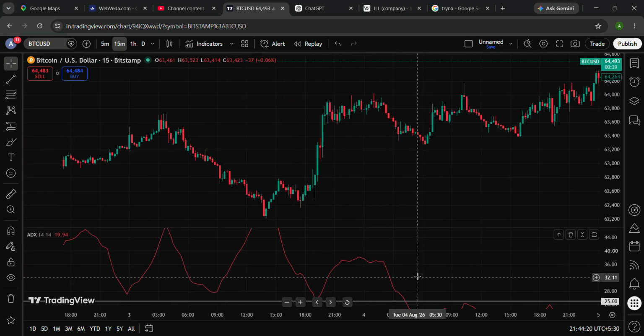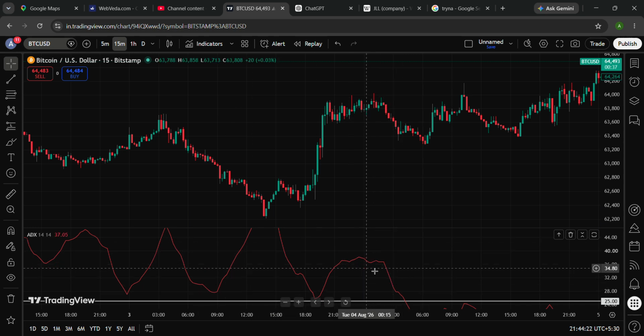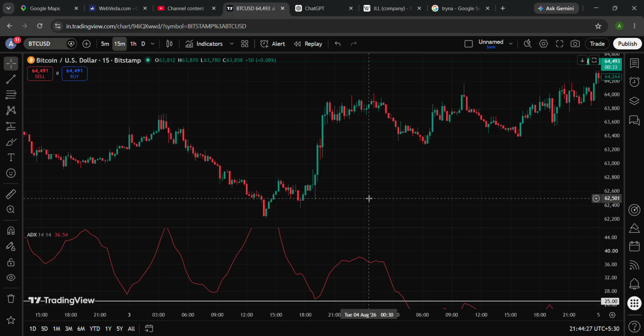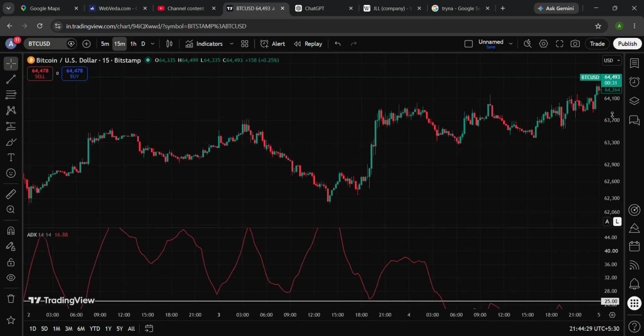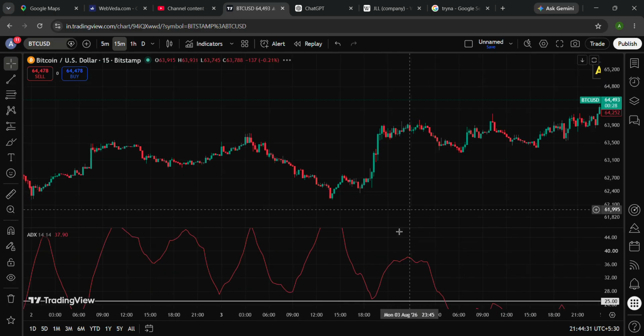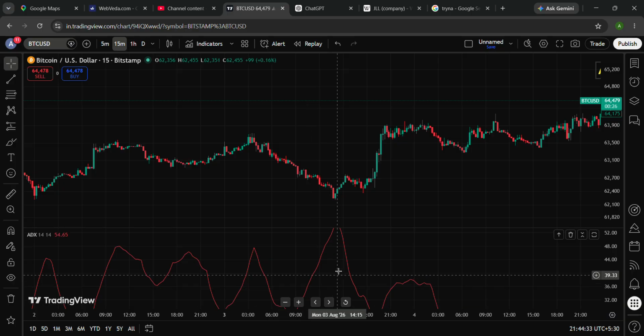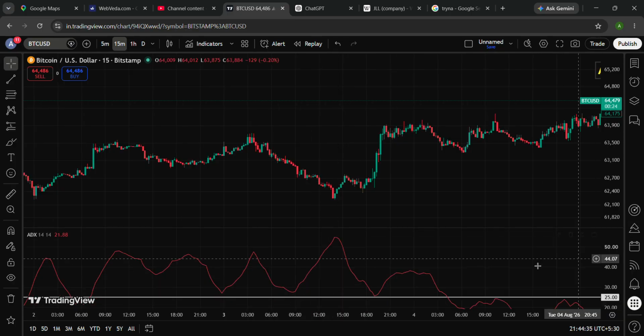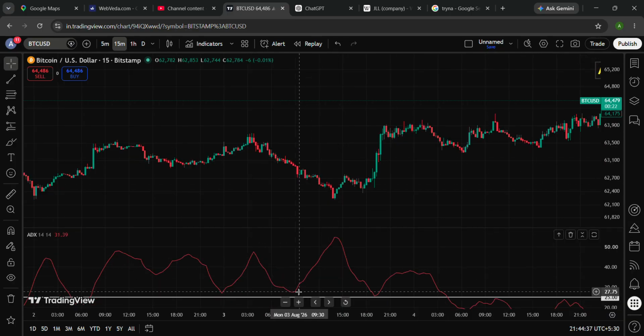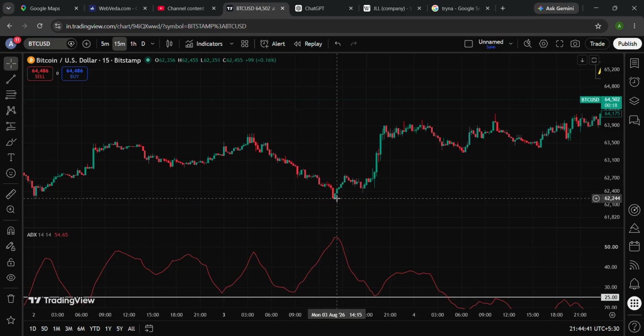This is the position where ADX is above the 25 level. Here you will see that the ADX is massively up from here, and the trend is also falling.